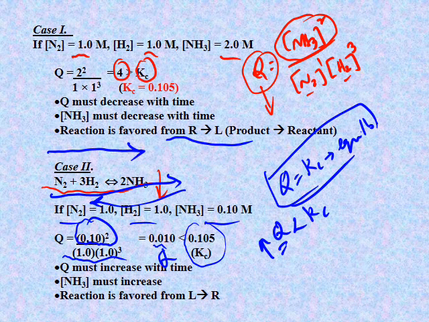So more nitrogen and hydrogen are reacting to produce more ammonia. A larger ammonia and a smaller amount of nitrogen and hydrogen would give a larger Q value. So Q value would keep on increasing with time until it reaches the value of Kc. So whenever Q is less than Kc, Q value has to go up and the reaction will be favored from left to the right.